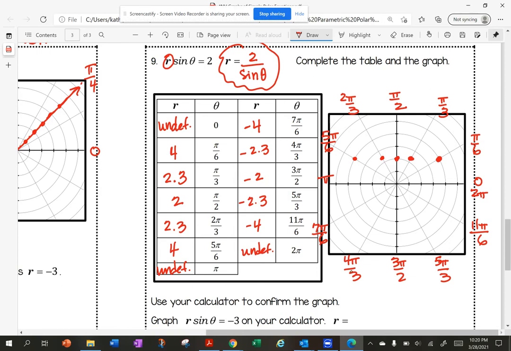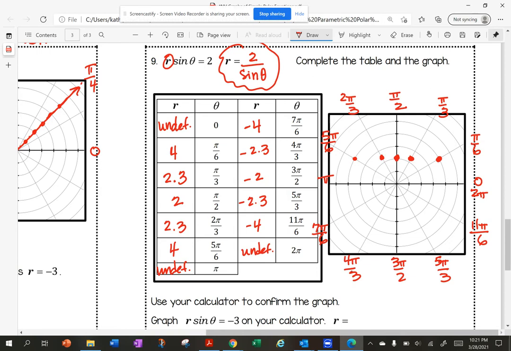At 4 pi over 3, it's a negative radius, so it's 180 degrees. So it's the same point as pi over 3. At 3 pi over 2, the radius is negative 2, so it's the same point as pi over 2. At 5 pi over 3, the radius is negative 2.3, so it is the same point as 2 pi over 3.